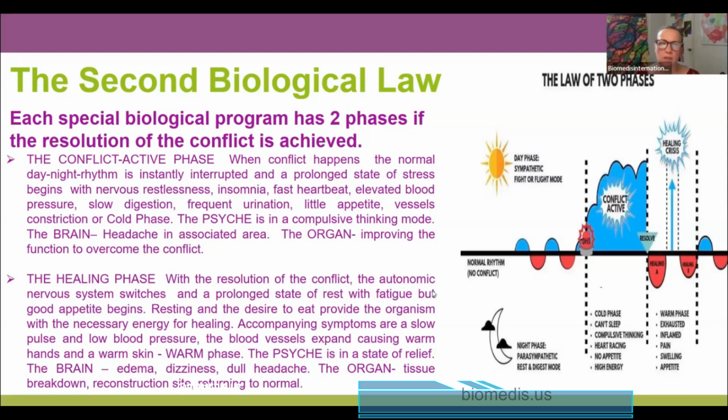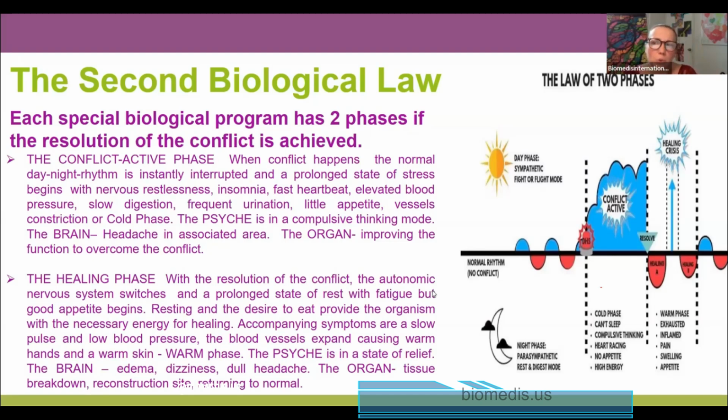And the organs start to cooperate and improve their function so they can overcome the conflict. Some organs will grow tissue to protect themselves, and some will lose tissue, like osteoporosis or ulcerations.